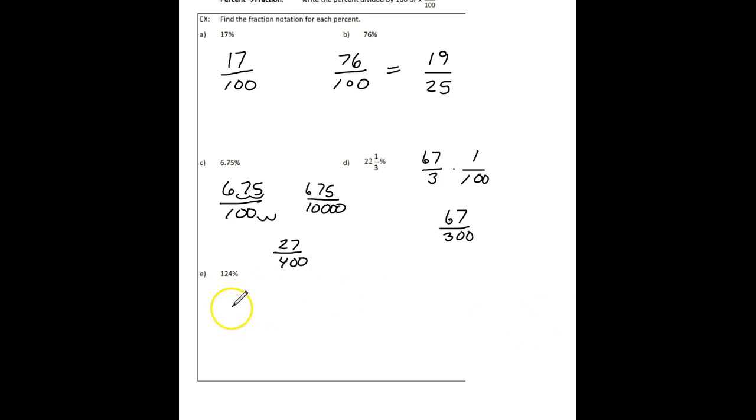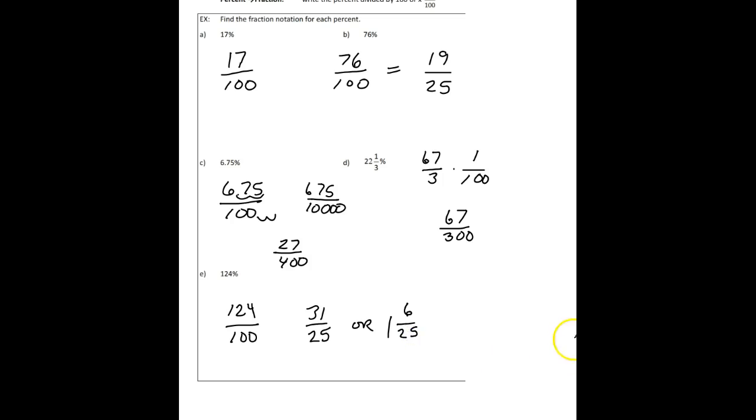And then 124%, that's of course 124 divided by 100. I know I can simplify that down into 31 over 25. And of course I can write this as 1 and 6/25.